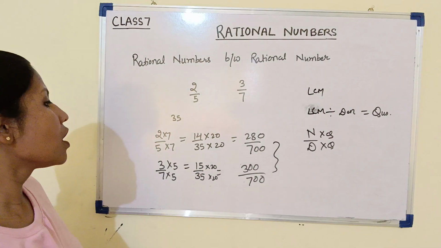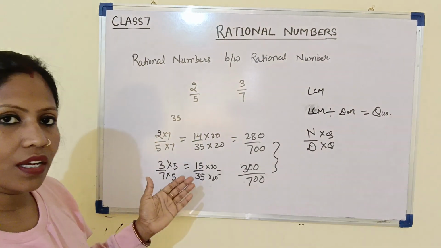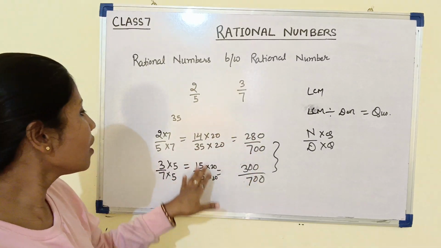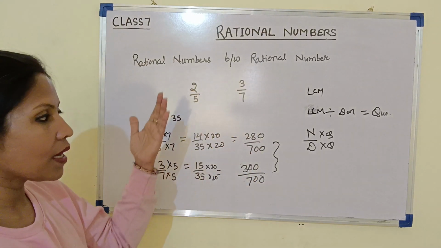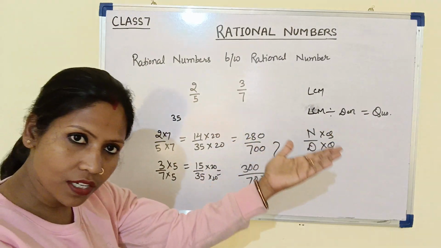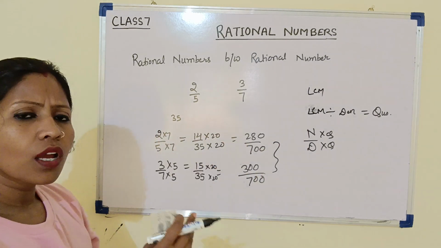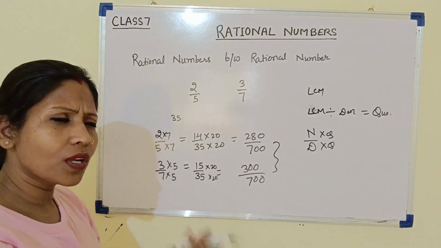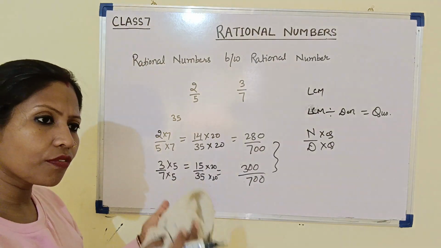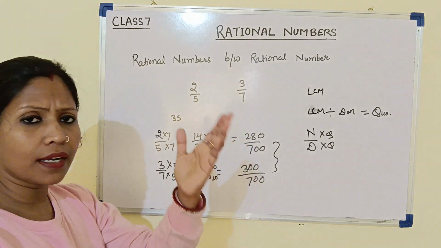What do we have to do first? We have to make the denominators the same, right? First we make like fractions, then we keep finding their equivalent fractions until you get the answer to the question. You can multiply by any big number. If it's asking for 15 or 20 numbers and you are not able to find them, then you can multiply with 100 also.